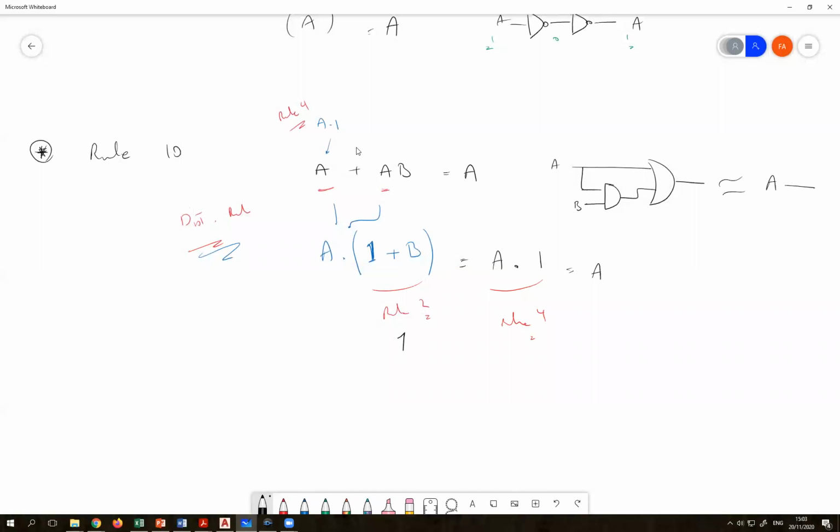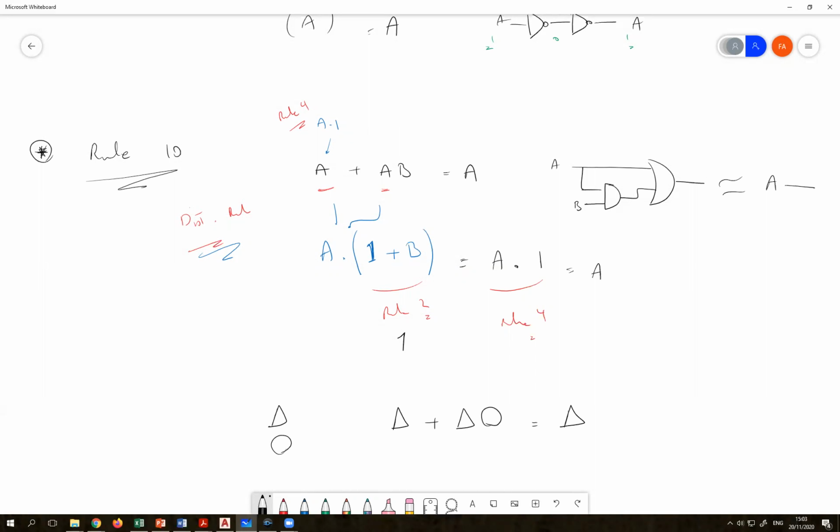If I say that input 1 is triangle, input 2 is circle, if I have triangle or triangle and circle, you follow that, and you will see it's the same as the triangle. So A or A and B is the same as A. Very important rule.